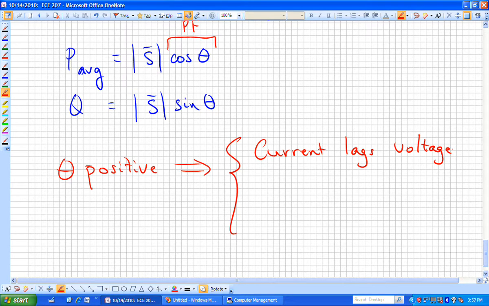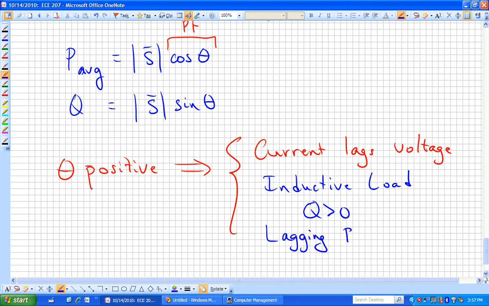That's in ELI, and that's associated with an inductive load. That means you have a positive Q, and we will say that that's a lagging power factor. That's some more terminology you can use to sketch this power triangle.